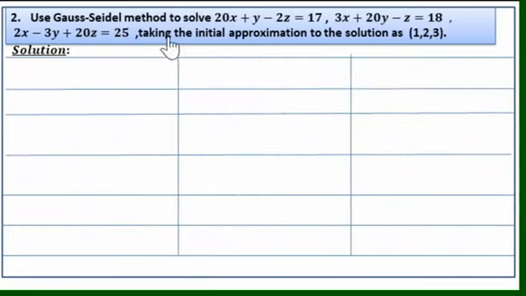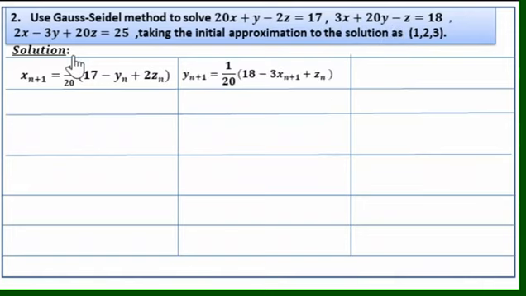From the first equation solve for x, from the second equation solve for y, from the third equation solve for z. So xn plus 1 equal to 1 by 20, 17 minus yn plus 2zn. Then from the second equation, yn plus 1 equal to 1 by 20, 18 minus 3xn plus 1 plus zn.